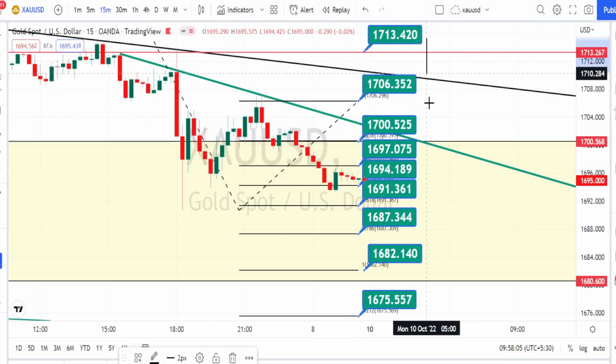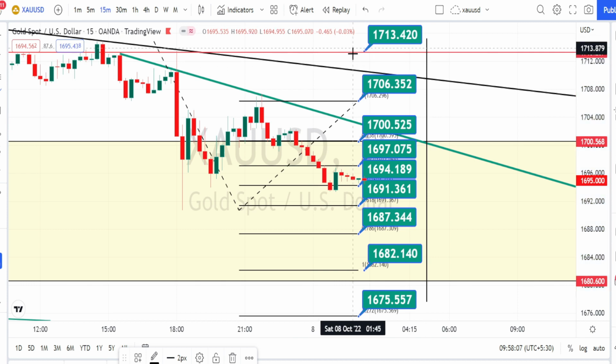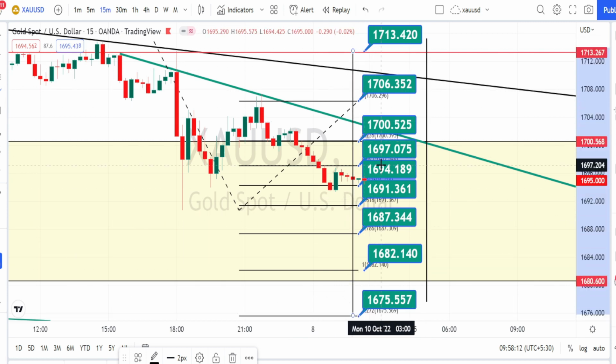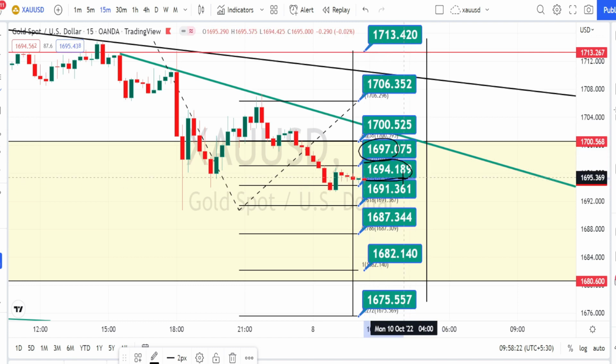So the values within these green color boxes are the resistance and support levels for current price action in the 15 minutes time frame. Currently the price action is trading between the resistance level of 1697 and the support level of 1694. And if the price action breaks the support level of 1694, next level of support is going to be around 1691, 1687, 1682 and 1675.